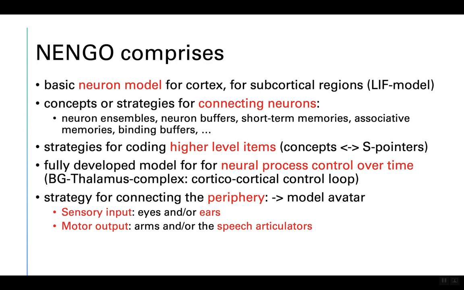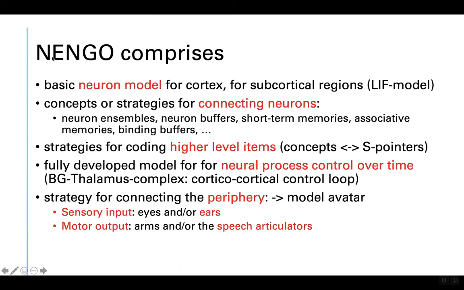NENGO comprises a basic neuron model or different neuron models for cortical neurons, for subcortical neurons. We are using mainly the simple leaky integrate and fire neuron model. And what is more important, we have really elaborated concepts or strategies for connecting neurons.